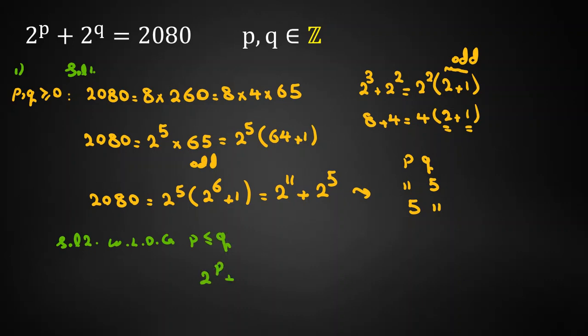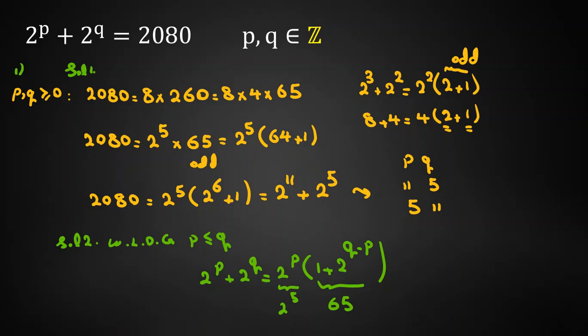So you can factor 2^p + 2^q as 2^p times (1 + 2^(q-p)). So the only possible case here is 2^5 for this factor, and 65 here, the only possible case.